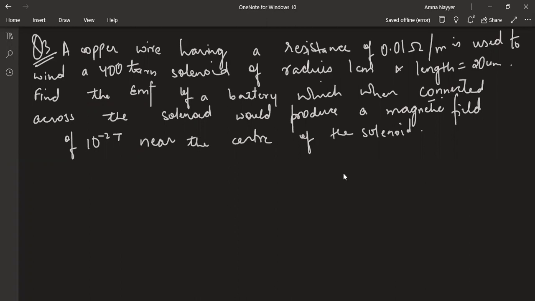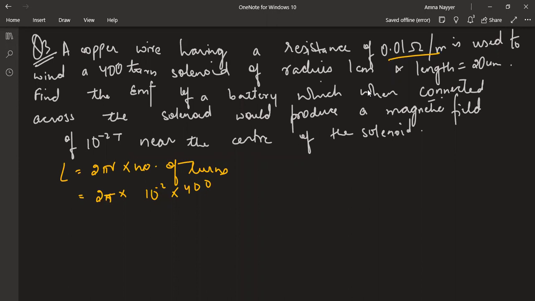The length of wire can be written as 2 pi r into the number of turns. So 2 pi into 10 to the power minus 2 into 400 meters. And you have resistance per unit length, how much? 0.01 ohm per meter.